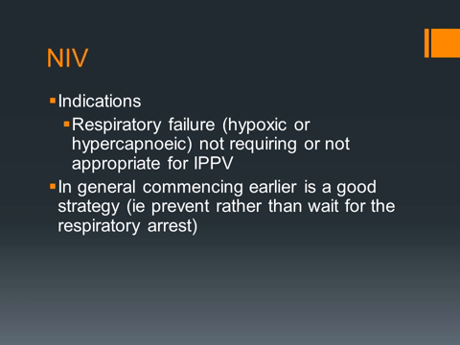So the indications for starting non-invasive ventilation are respiratory failure, either hypoxic or hypercapnic, not requiring or not appropriate for invasive positive pressure ventilation. In general, it makes sense to start NIV early rather than waiting for a deterioration. And certainly, most of the evidence around NIV suggests that if commenced early, intubation rates will fall.